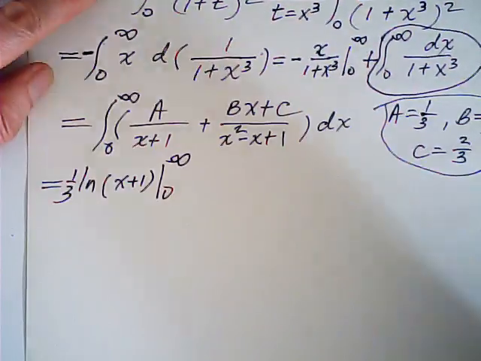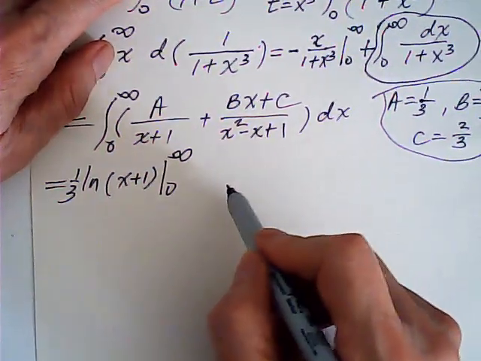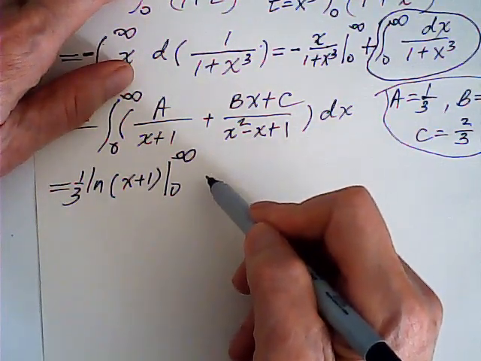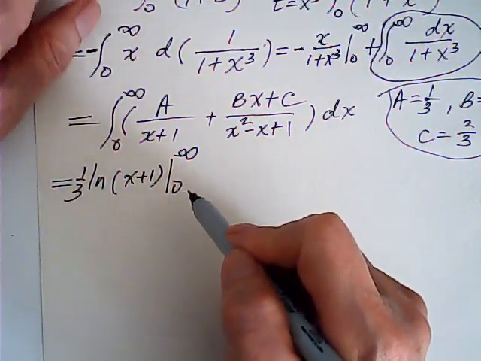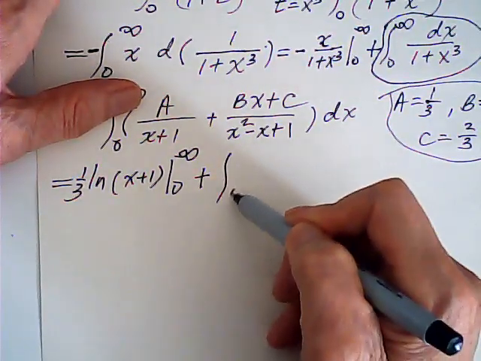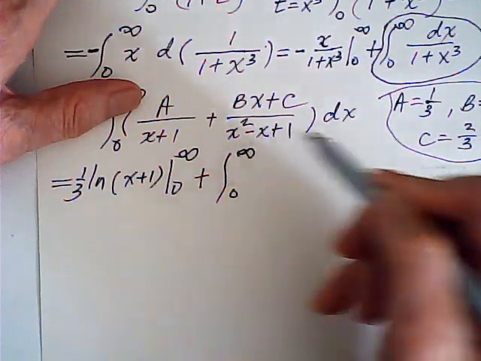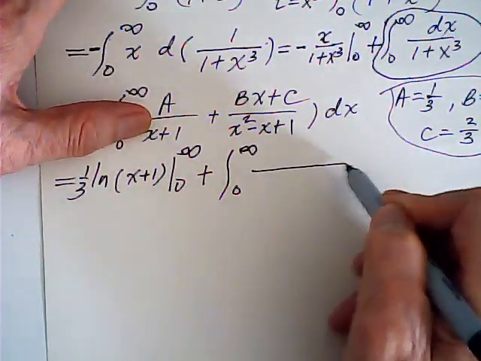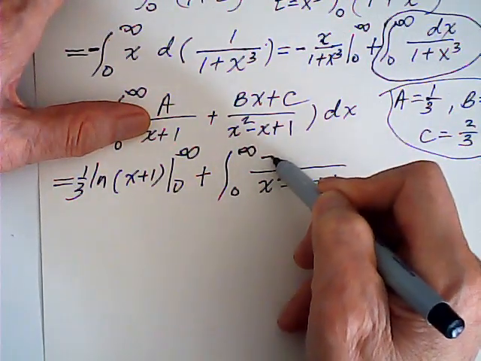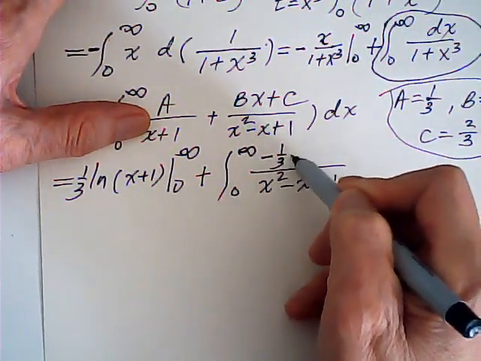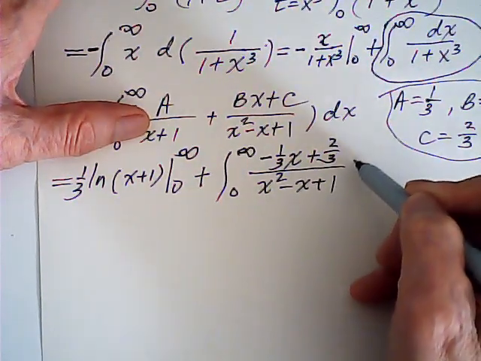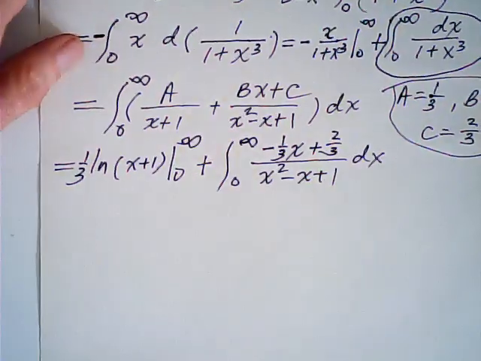That is this one. Now the second one is plus the integral from 0 to infinity of negative 1/3 x plus 2/3 over x squared minus x plus 1 dx.